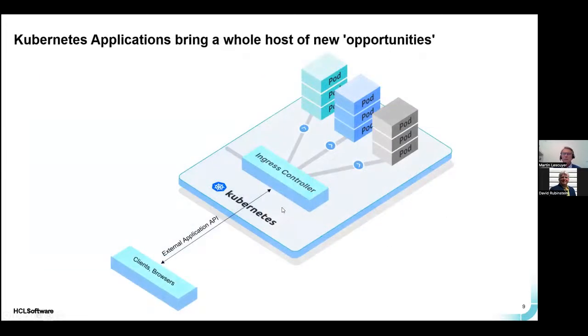So for example, a typical Kubernetes application is made of a number of containers and services within those containers, whether they are database services, resource monitoring services, treatment services, all sorts of things that sit behind this application. And by default, the only way that users have to access this application is to enter the system through this external application API, whether it's published or not, right?